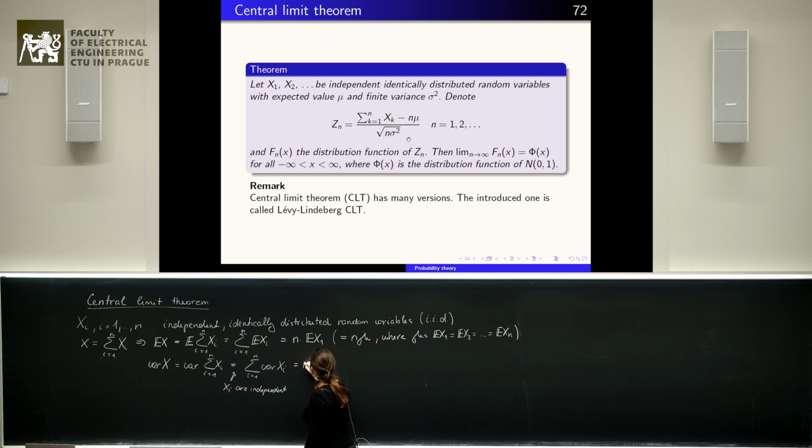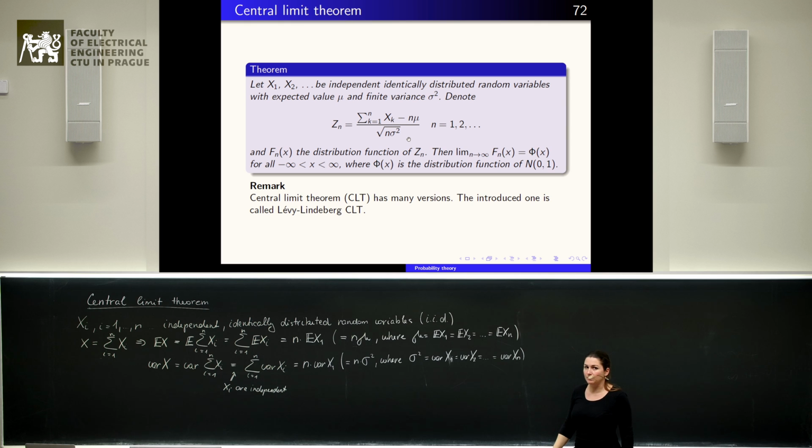And it is again n times the variance of x1, x2, x15, it's up to you. So I will use variance of x1. Or again, if you don't like this index 1, you can write it as n times sigma square, where sigma square is equal to the variance of arbitrary one of these random variables.